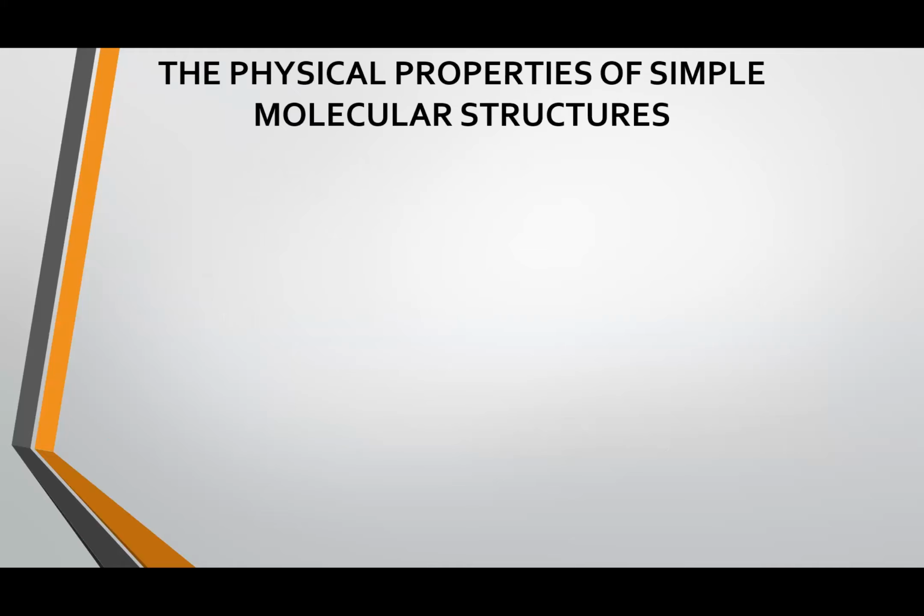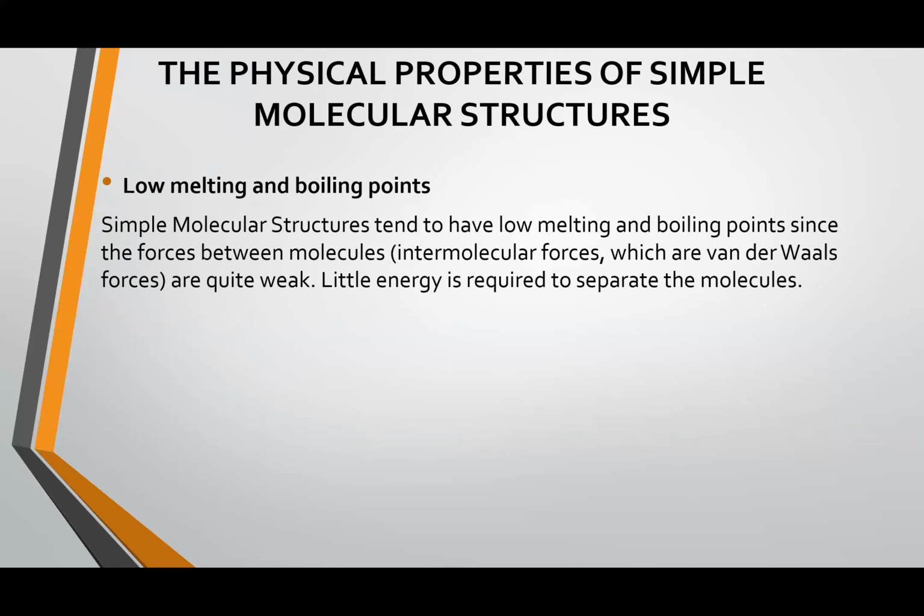Now, what are the physical properties of these simple molecular structures? Simple molecular structures have low melting and boiling points. Why do they have low melting and boiling points? This is because they have weak forces which join the discrete molecules together.